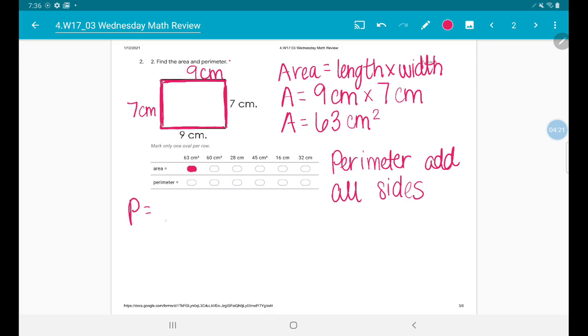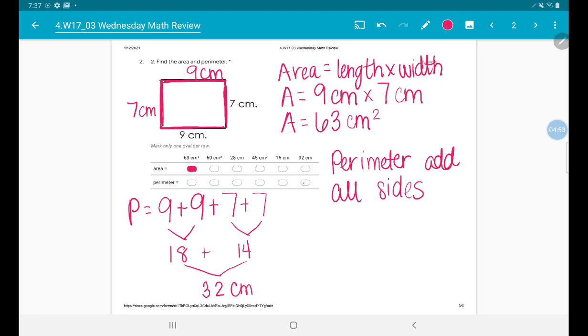So perimeter is going to be my length plus the other length plus the width plus the other width. I know 9 plus 9 is 18. 7 plus 7 is 14. Then if I add those together, 4 plus 8 is 12. Let me regroup the 1 over to the 10s. So 1 plus 1 plus 1 is 3. So my perimeter is going to be 32 centimeters.